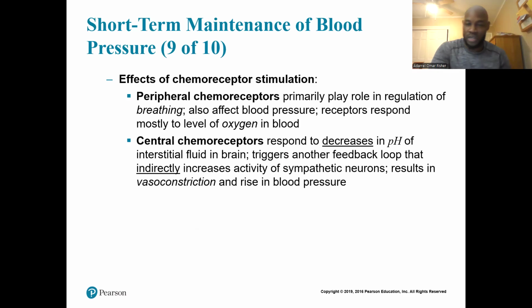Central chemoreceptors respond to decreases in pH of interstitial fluid in the brain, which triggers another feedback loop that indirectly increases activity of sympathetic neurons, resulting in vasoconstriction and a rise in blood pressure. So we have some chemoreceptors that can detect oxygen levels, control our breathing, and increase our oxygen intake, which increases our oxygen levels in our blood. And the reverse can happen as well.